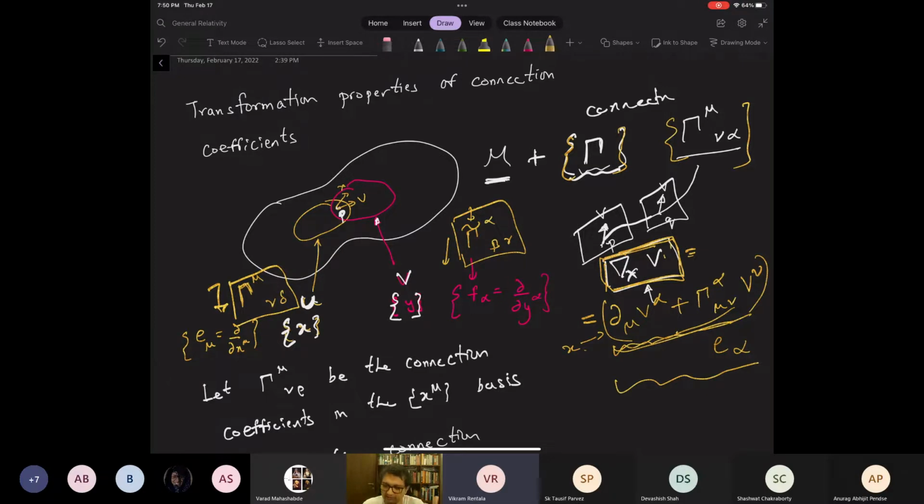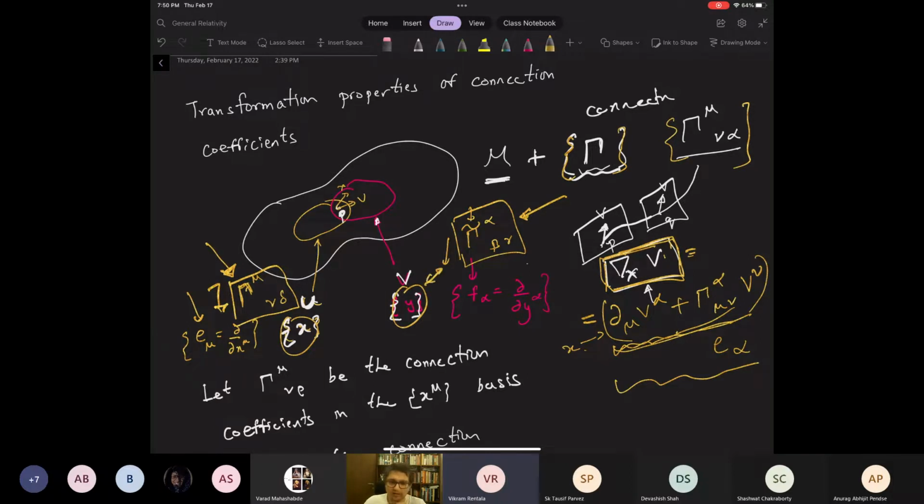This entire derivative is a vector, and we want to know what that vector is. That vector should not depend on whether I'm using the x coordinate basis or the y coordinate basis, which means that there should be some relation between the parallel transport coefficients expressed in this basis and the parallel transport coefficients expressed in the other basis.